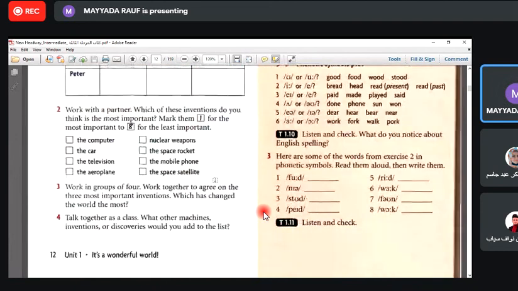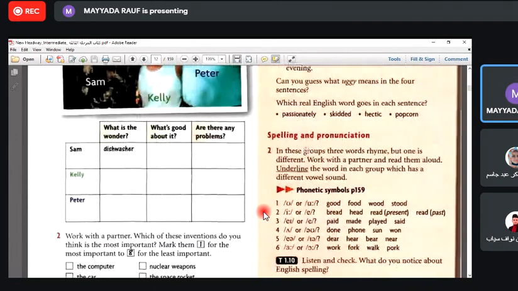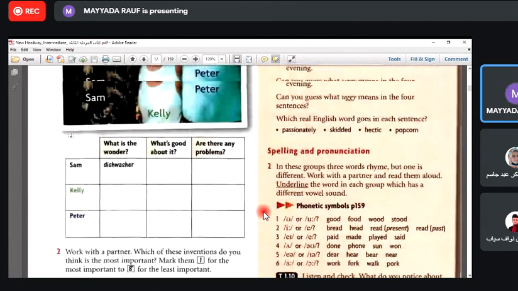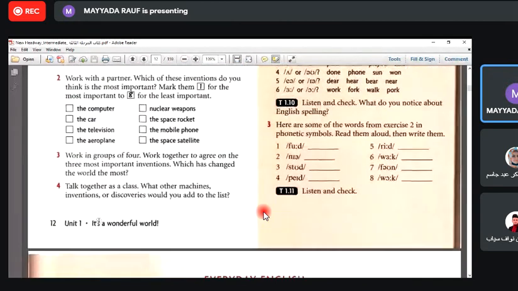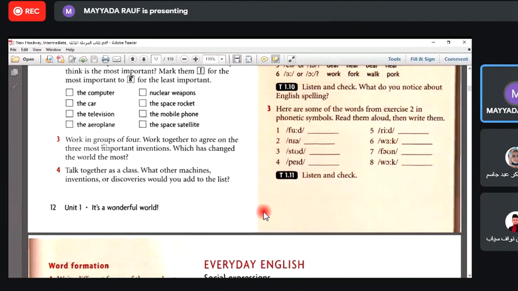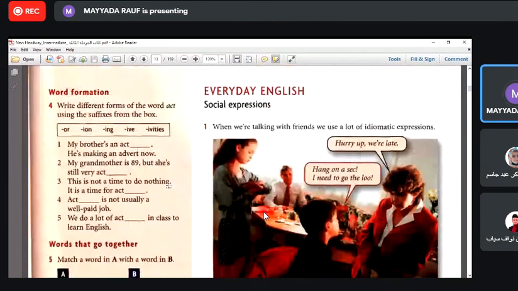You can also neglect the spelling and pronunciation, and this exercise can be left also by you. Work with a partner, work in groups.